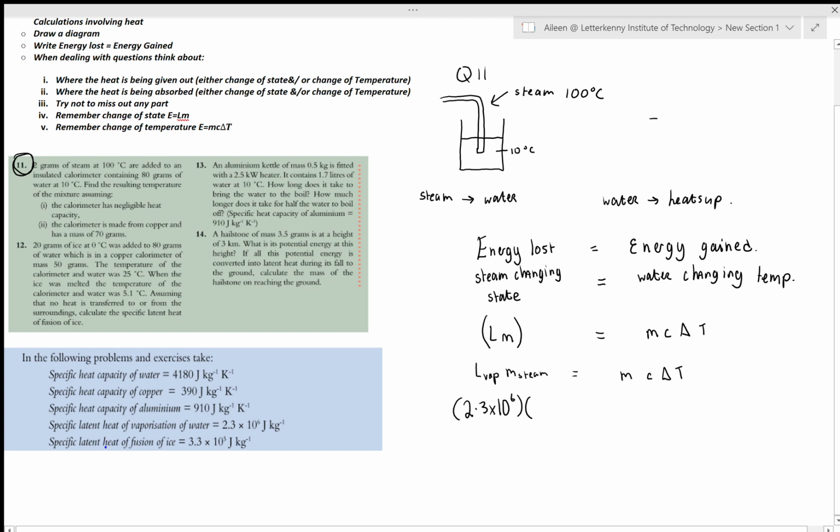So my mass of my steam is equal to 2 grams. Don't forget, you must convert this value into kilograms. To do that, we divide our value by 1,000. This gives me 0.002 kilograms.